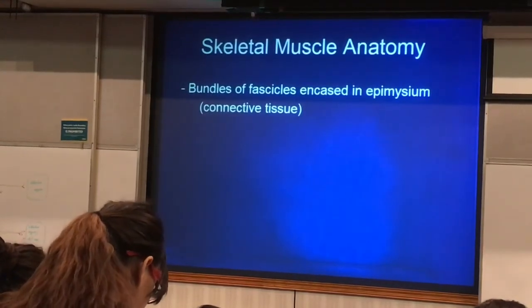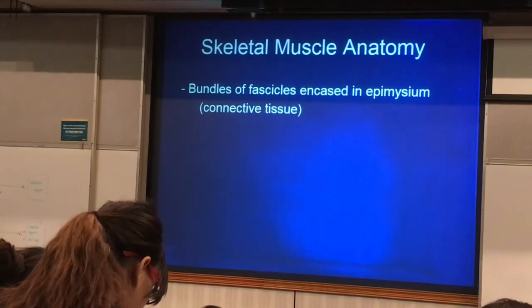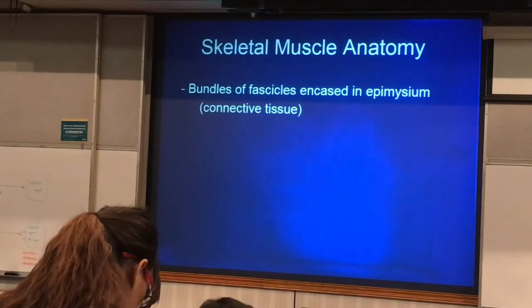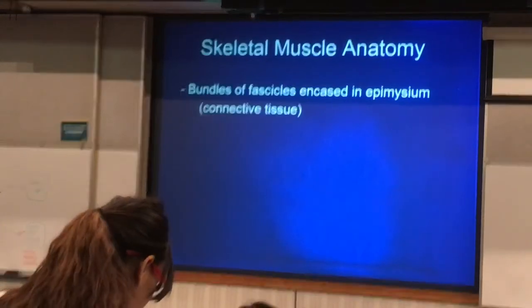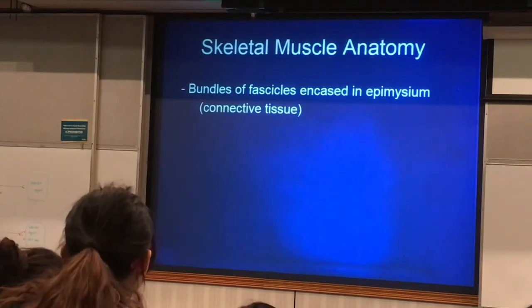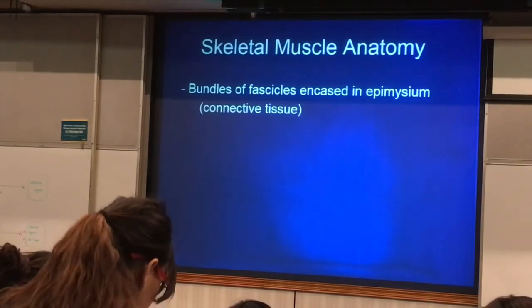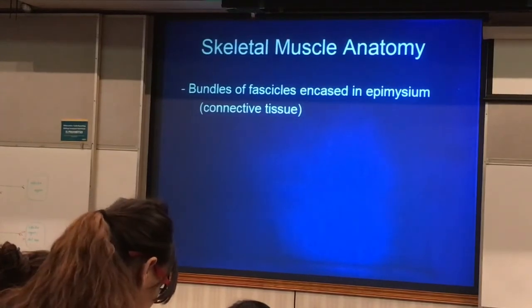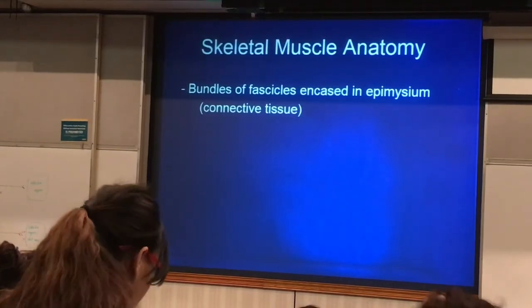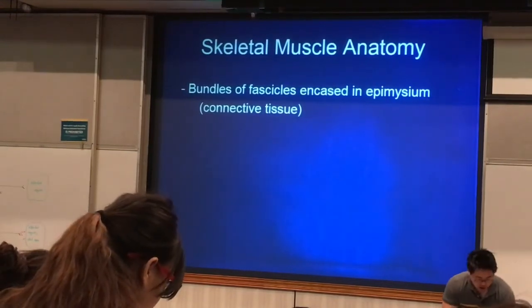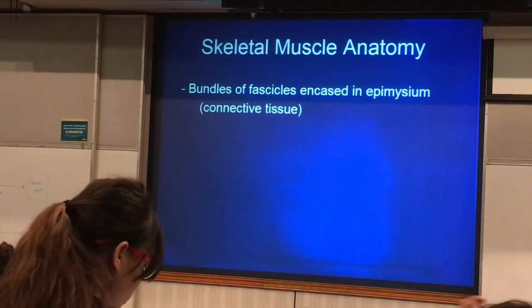So right over here, we have these bundles. Each one of these bundles is going to be called a fascicle. And a bunch of these bundles are going to be wrapped in connective tissue. I'll make it blue here.